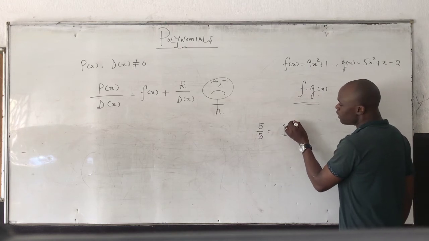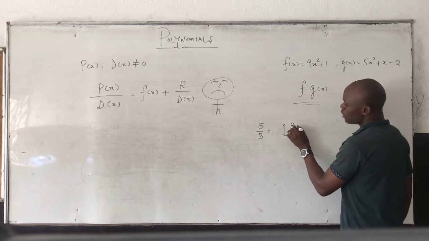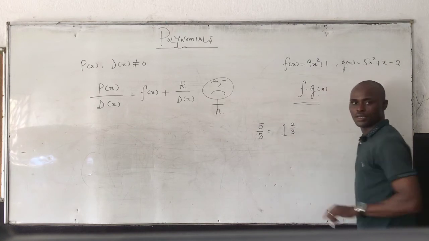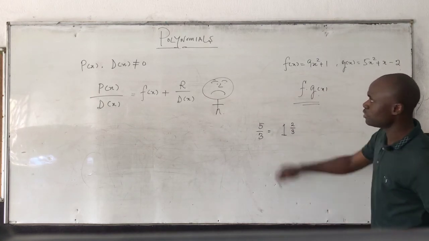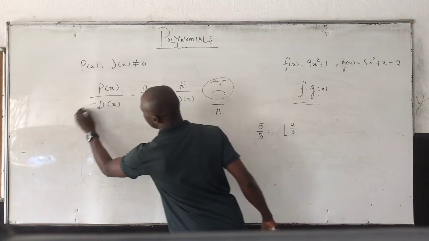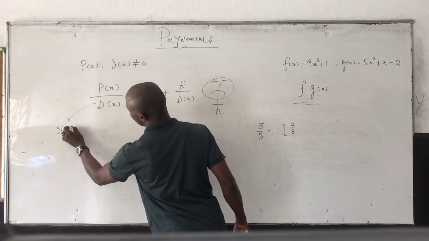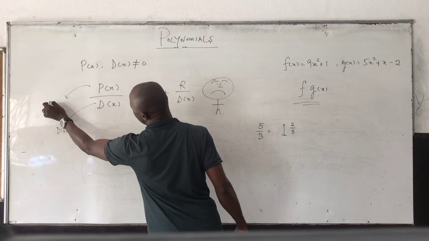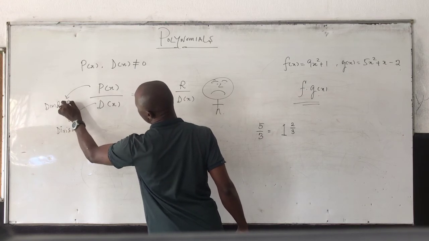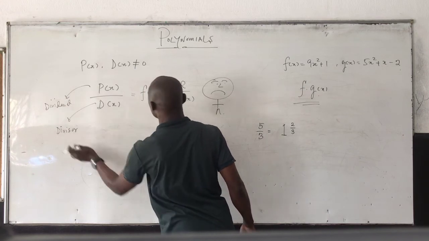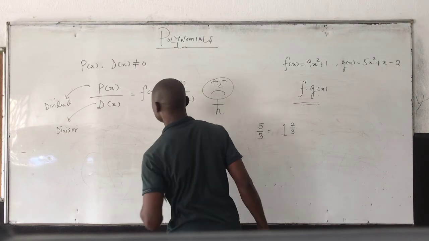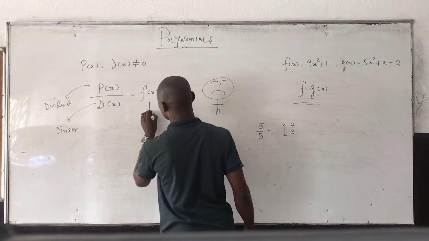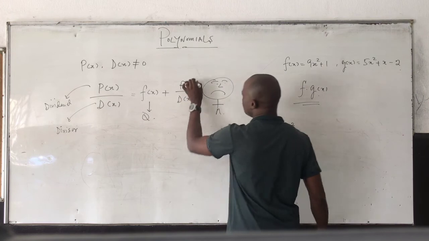Then we have remainder 2 over the same divisor. We call this the divisor, this is called the dividend, this is called the quotient, and this is called the remainder.